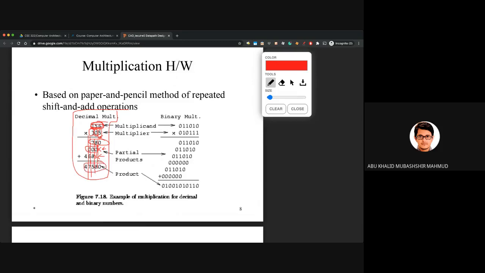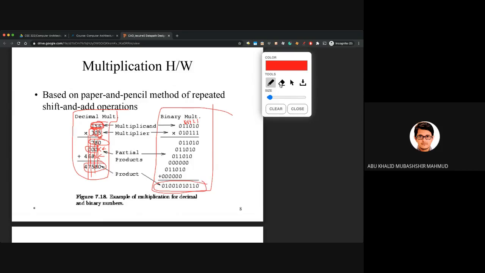A similar kind of result always takes place in binary. So this is 1, 2, 4, 8, 16. This is 26 multiplied by 23, and we get this kind of huge binary result.